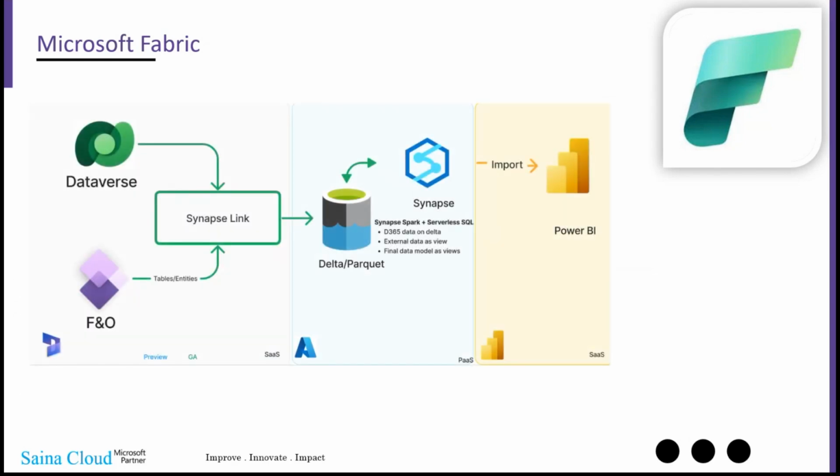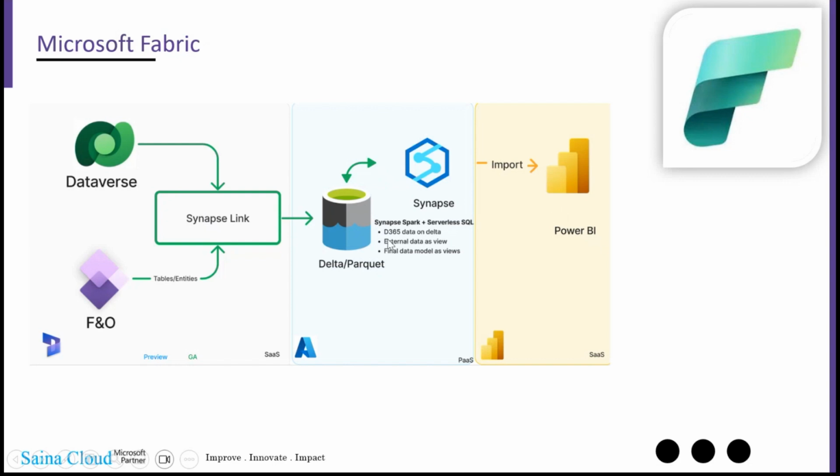So this is one example of how it works. If I have any data, the data is imported from Dataverse into Azure Synapse. It can be directly imported or imported from an external source. As here we can see, it's like F&O or Dataverse. The imported data is then transformed and integrated using Synapse Spark or Synapse Serverless SQL.